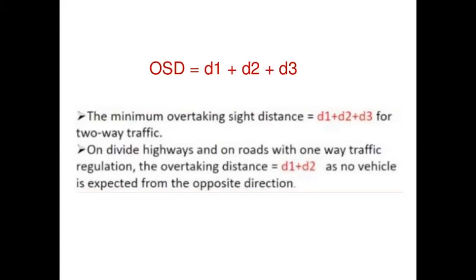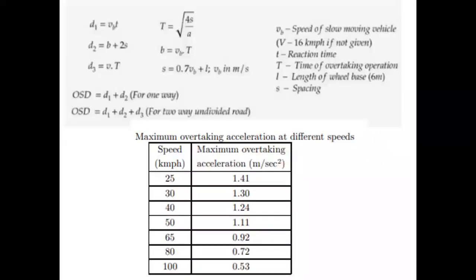So accordingly, read the question and apply the formula. Here I have just given this for your understanding. V_b, you can see here, is the speed of the slow moving vehicle. You know which is the slow moving vehicle, that is vehicle B, correct? And it is V minus 16 or V minus 4.5 accordingly if it is not given.